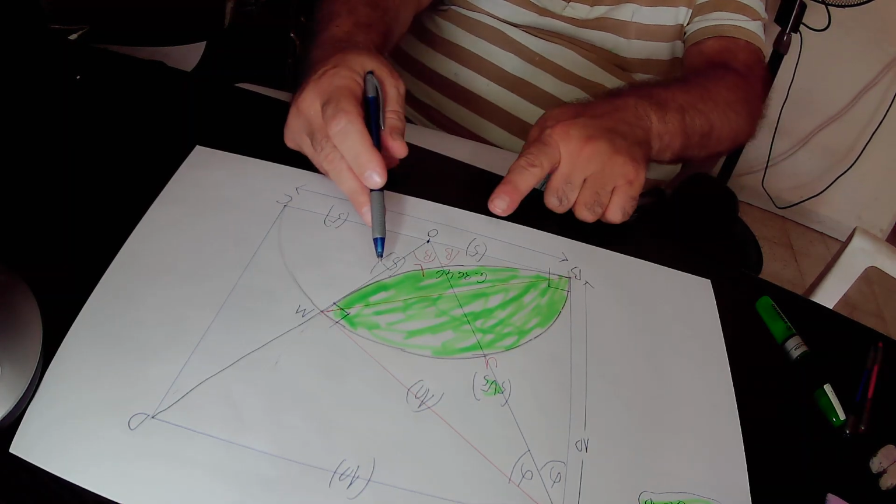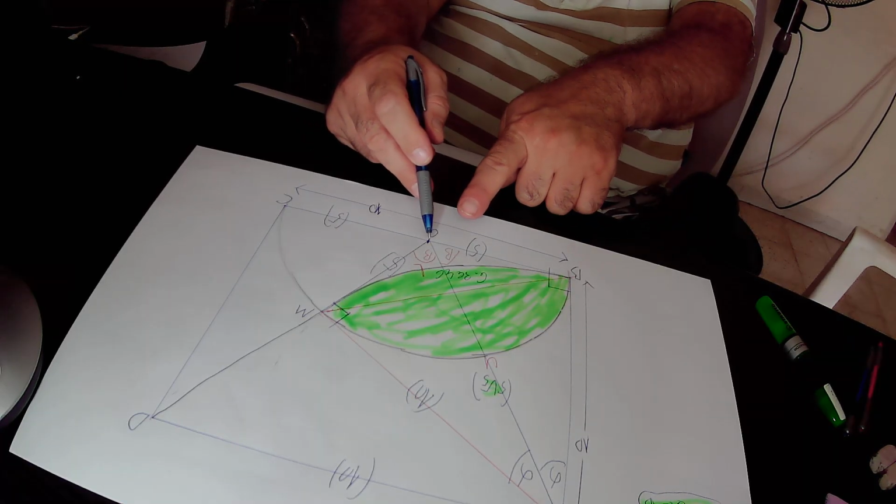The angle between the legs of the sector BOM is equal to 2 beta.